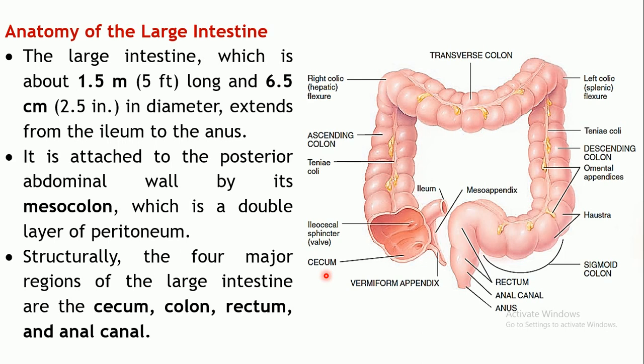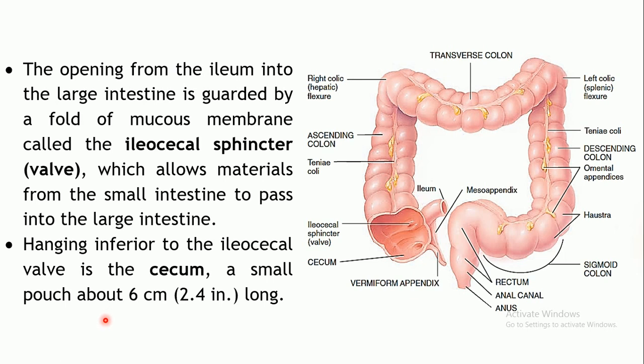These include the cecum, the first part. The second part is called the colon, this one, up to here. The third part is called the rectum, and the last portion of the rectum is called the anal canal. So these are the 4 major regions into which the large intestine is divided.